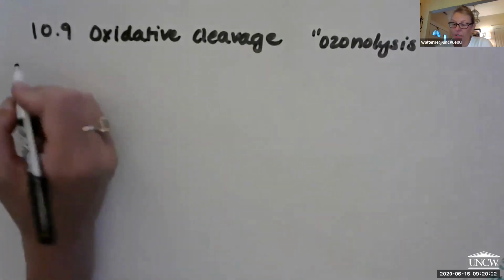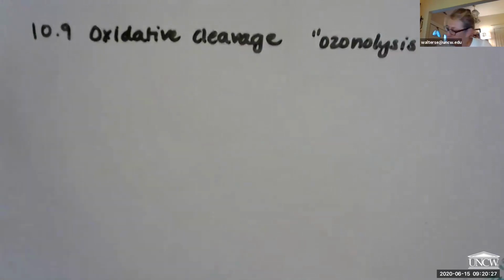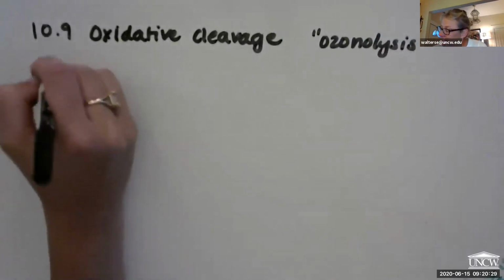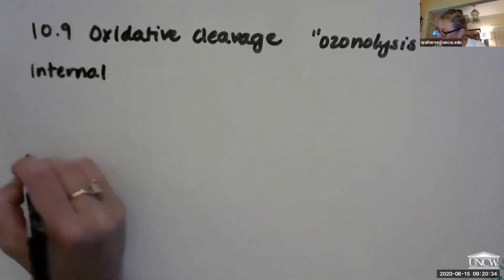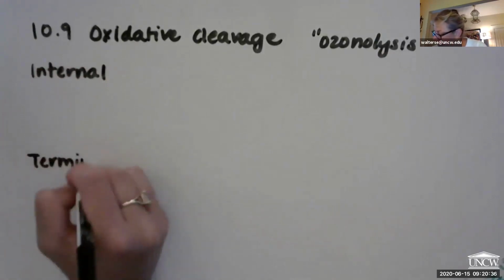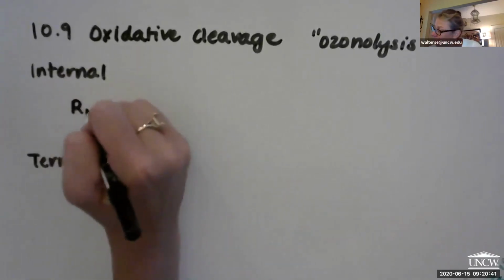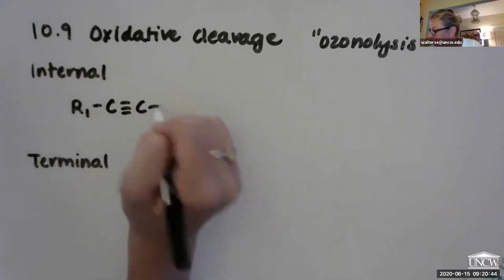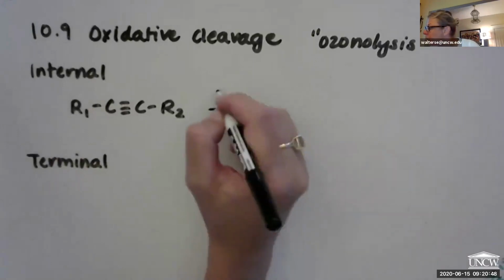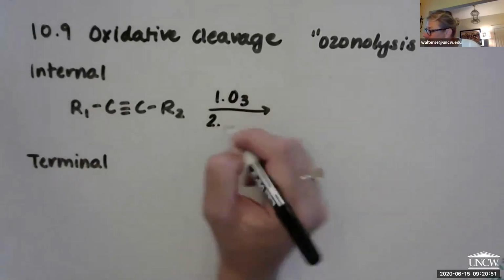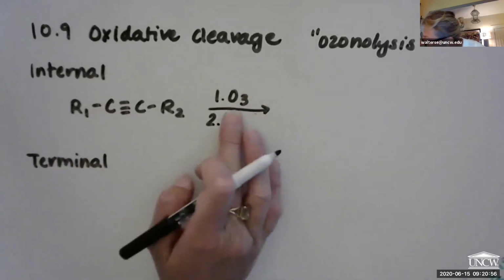Okay, and there's only two things you have to pay attention to. The only thing is if it's internal or terminal. In the case of alkynes, in some ways it's very similar. You have your ozone reactant, and then you have your DMS, which, oh wait, sorry, this is water.